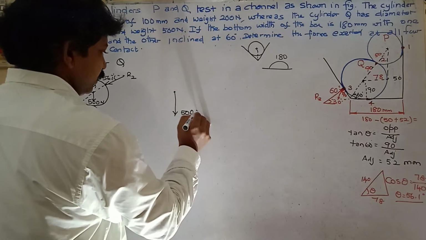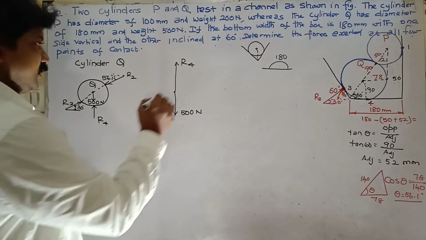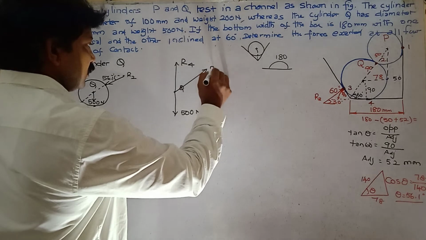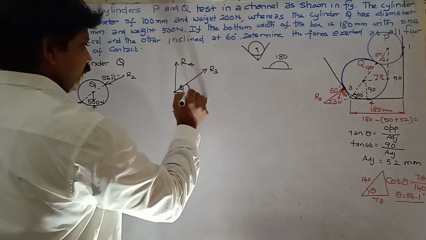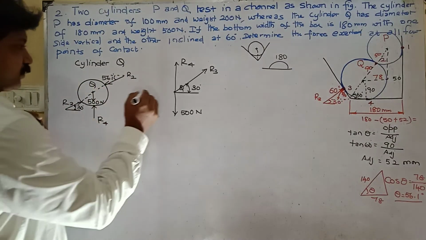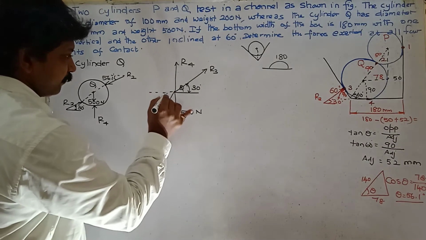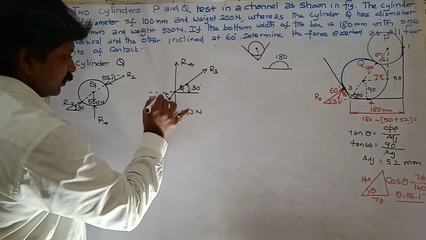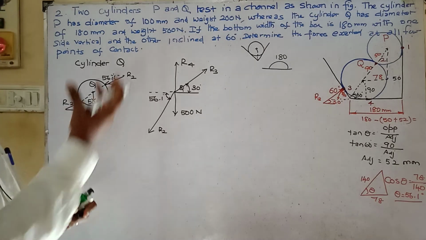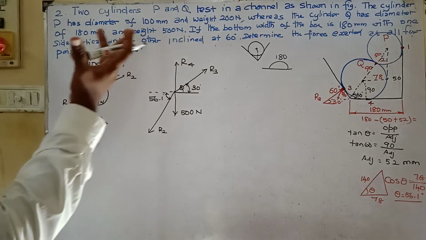Weight 500 Newton and R4. Apply the principle of transmissibility. R4 in the upward direction. The R3 with the horizontal is 30 degrees. And R2 with the horizontal is 56.1 degrees. Now form the equations. At the equilibrium state, the body is in resting condition, two cylinders resting on the channel.